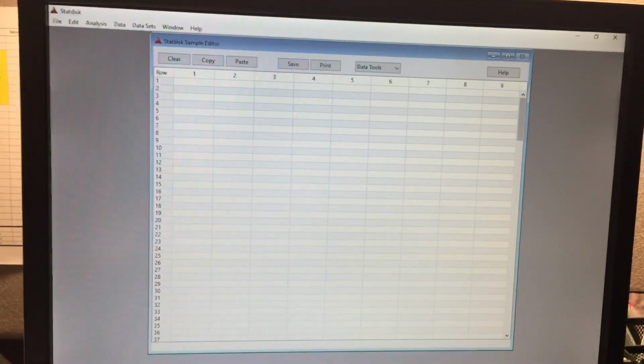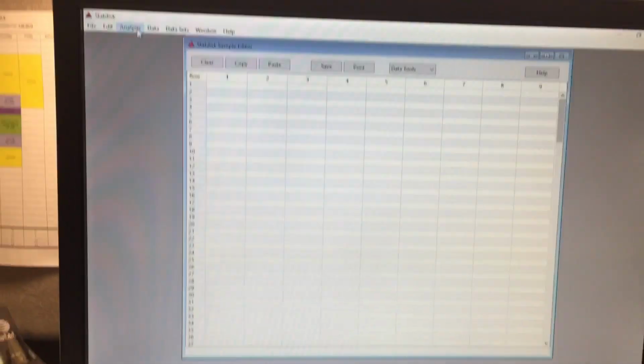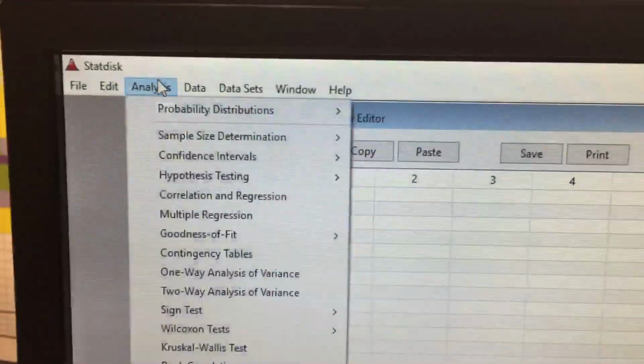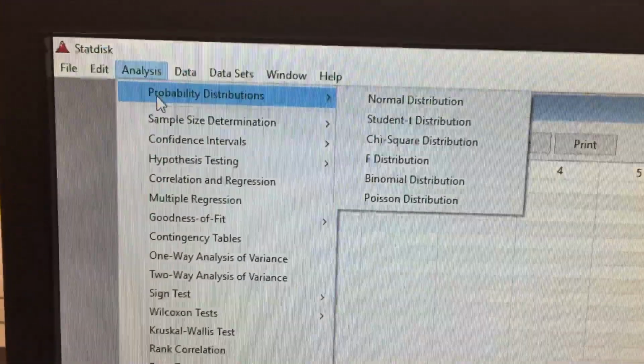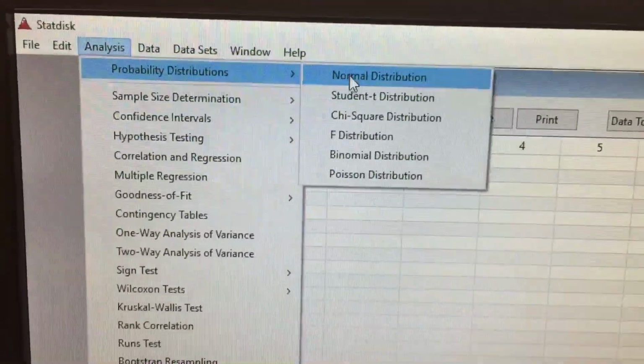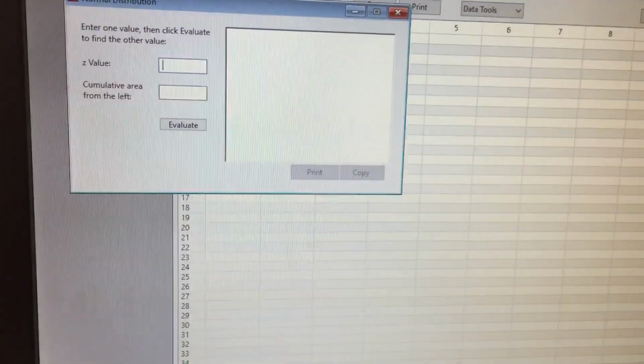Now, the first thing you have to go to is Analysis on the left-hand side. So here, you're going to go to Analysis. Then you're going to select Probability Distribution, and then you're going to select Normal Distribution. And you're going to get this box right here. And you'll be entering one value, then click Evaluate to find the other value.